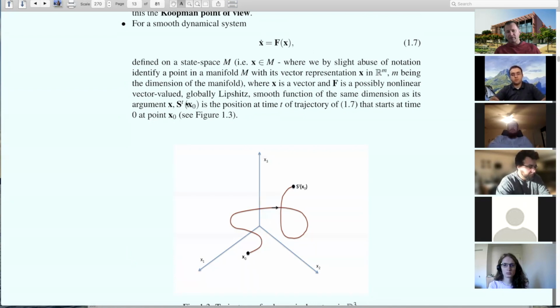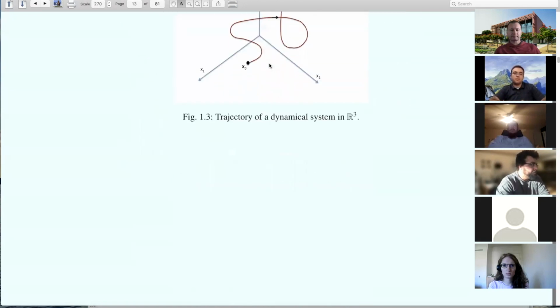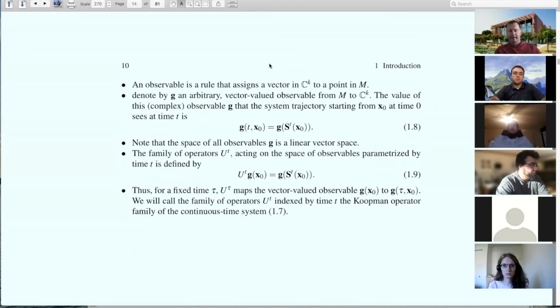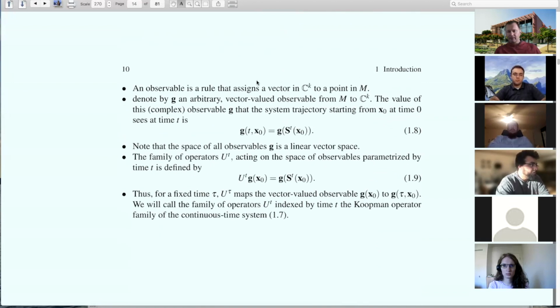So this is a family of mappings on the state space M. And so now the key object is an observable. An observable is a function. It's a rule that assigns a vector in a k-dimensional complex space to a point in M, which we're right away going to work with complex observables.